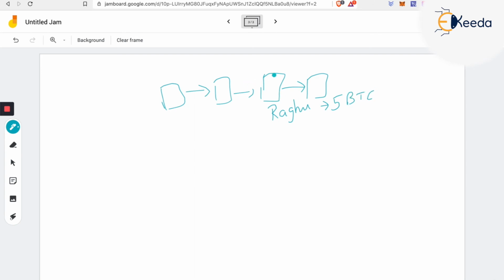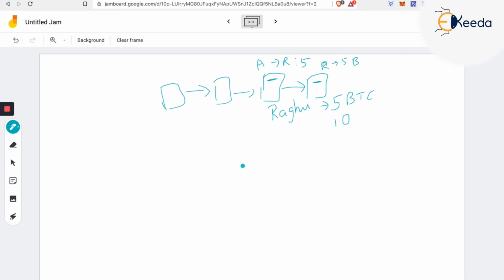Because in this system there is a transaction which says A sent to Raghu 5 bitcoins. So after this transaction, I got 5 bitcoins. There might be another transaction which again says Raghu got 5 bitcoins, and this 5 will become 10 now.